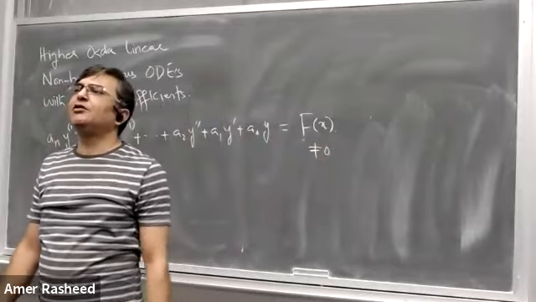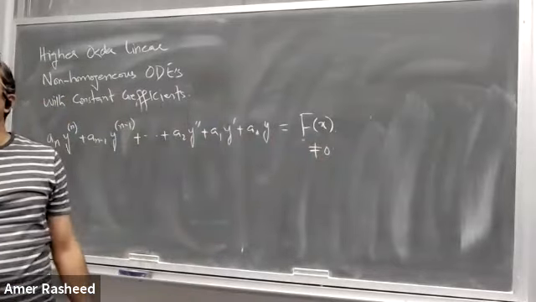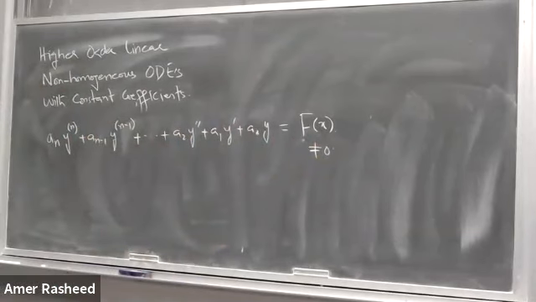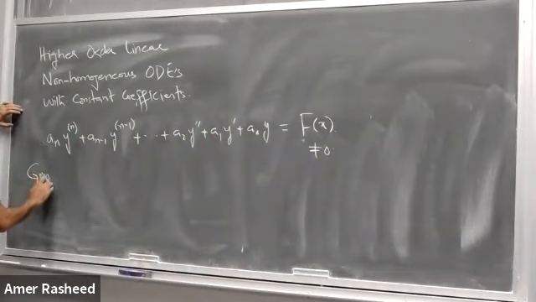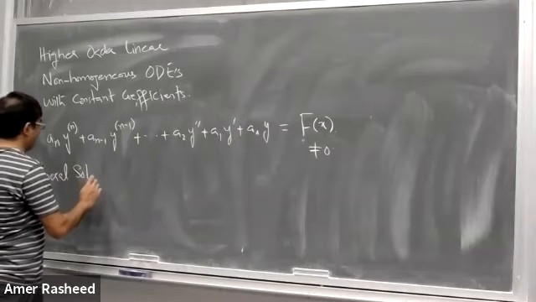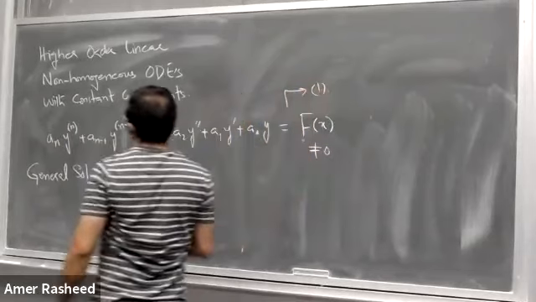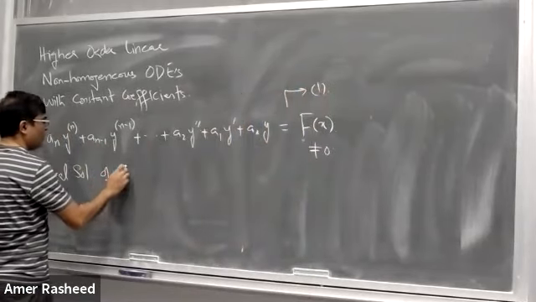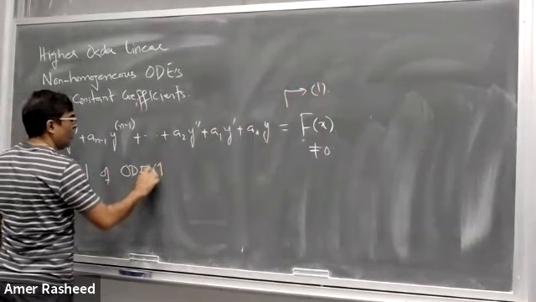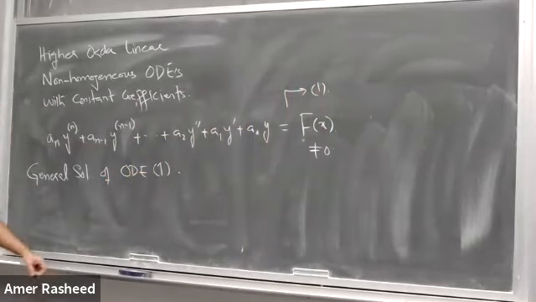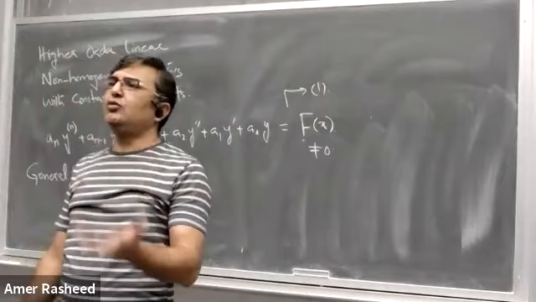How to find the solution of these kinds of differential equations? The general solution of this equation, equation 1, can be written as the sum of two kinds of solution.